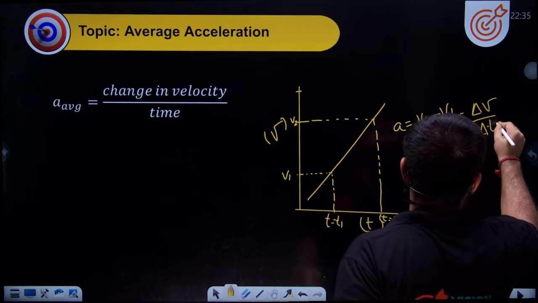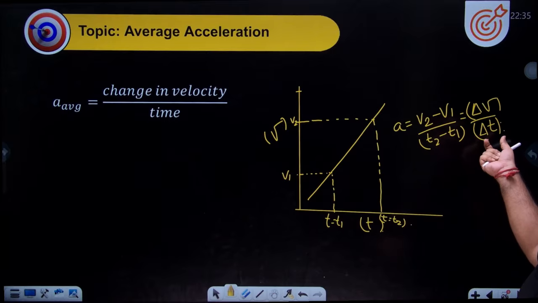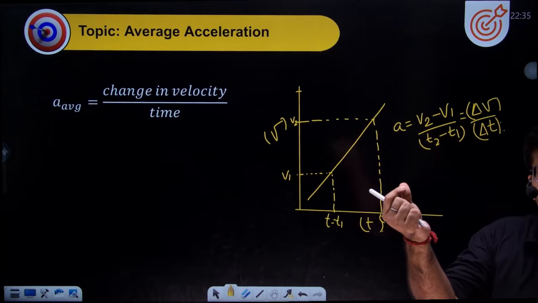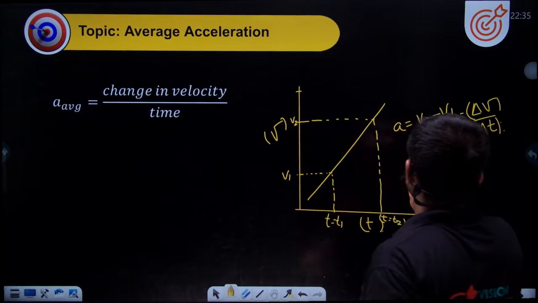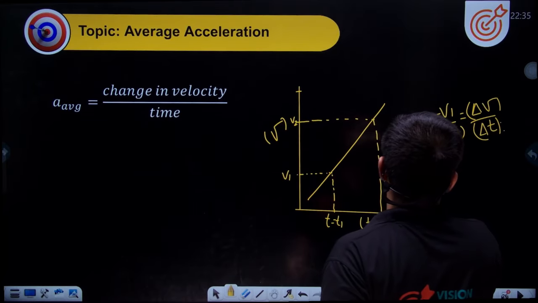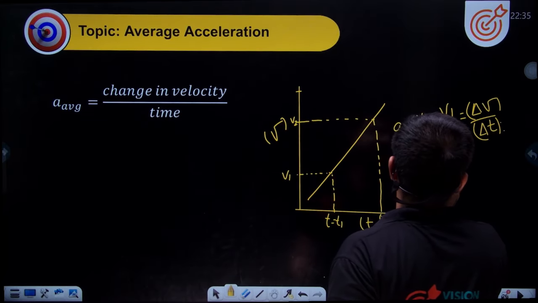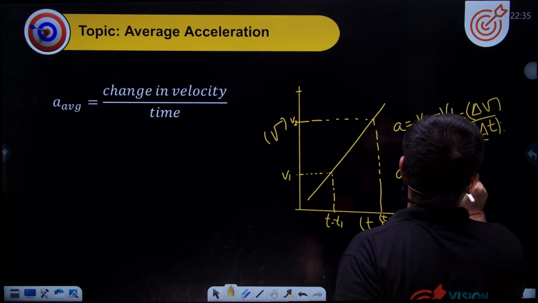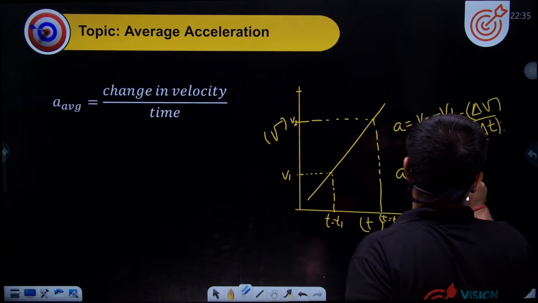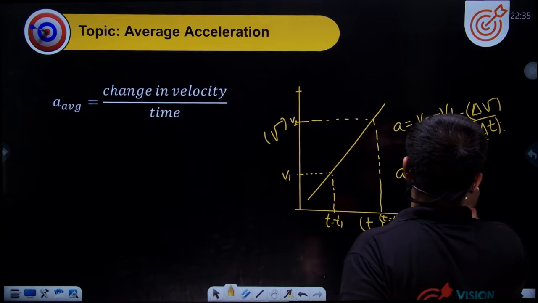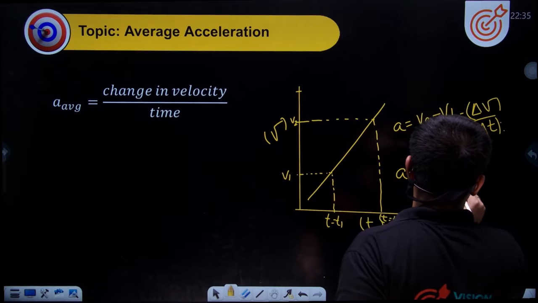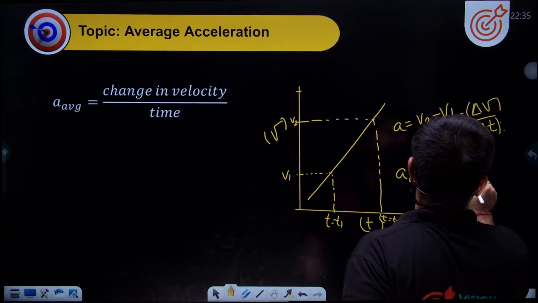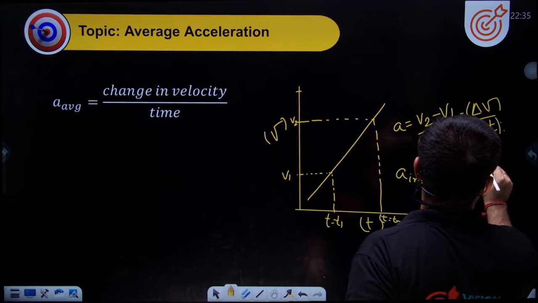Now when I am going to find out the instantaneous acceleration, at that time my delta t is going to be approaching towards 0. So we say that instantaneous acceleration is nothing but del v by del t, where the limit delta t tends towards 0.